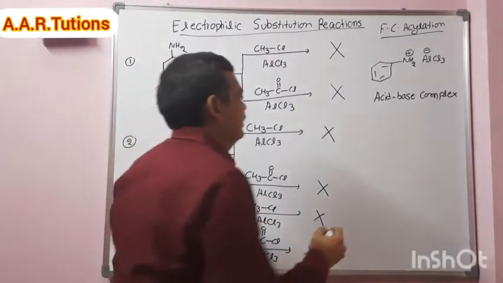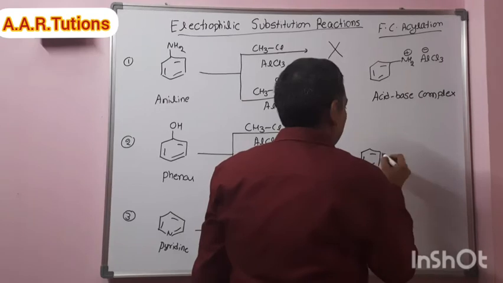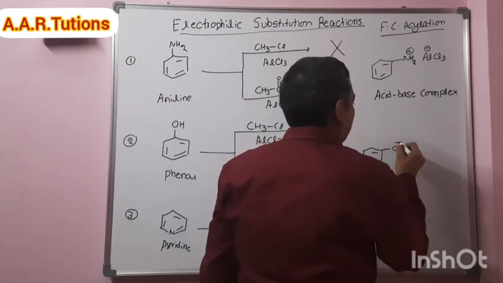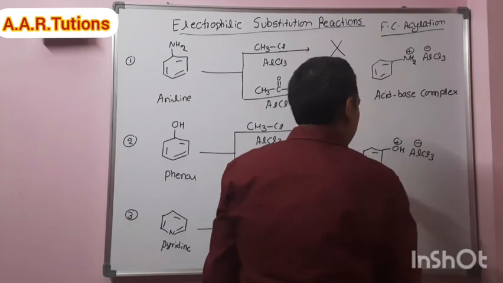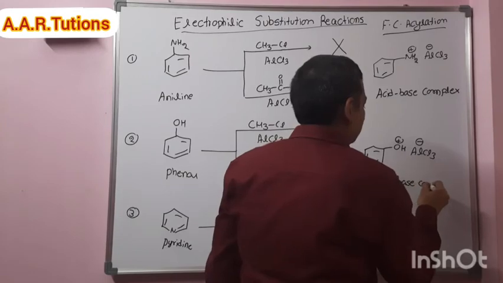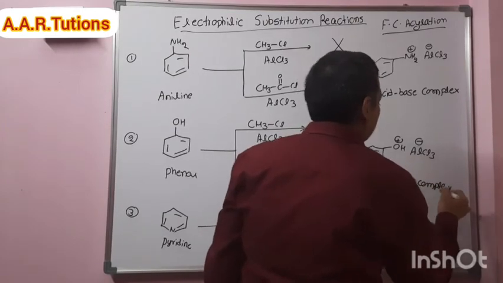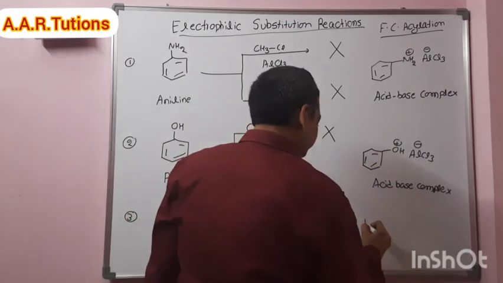The same thing will happen in the case of phenol also. Whatever AlCl3 you are using will form an acid-base complex with the phenol. The same case will happen with pyridine also.